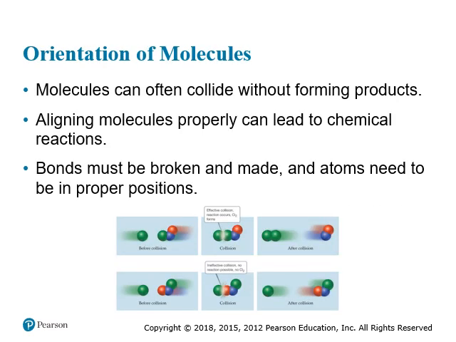With that being said, sometimes molecules can collide without forming products. The molecules have to be aligned or oriented properly in order for chemical reactions to take place. If the bonds must be broken and new bonds formed, the atoms need to be in the appropriate positions in order for new molecules to be formed.